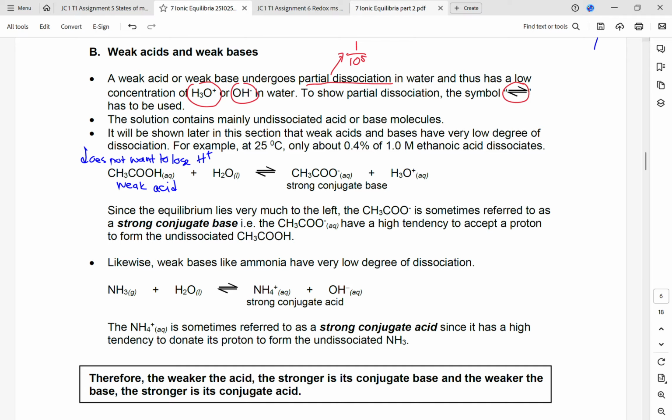It loves the H plus. So once, let's say, by force, this H plus ion is taken away by water, would the ethanoate ion like to have the H plus back? Yes, because CH3COOH loves the H plus. So that makes the ethanoate ion a strong conjugate base, which means it is likely to gain the H plus ion.